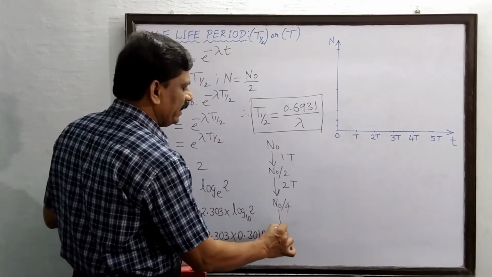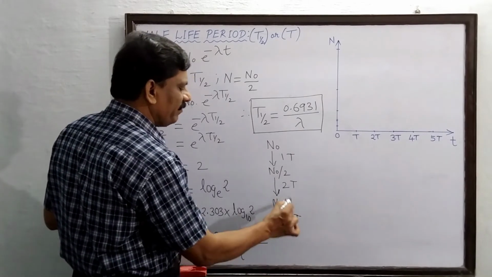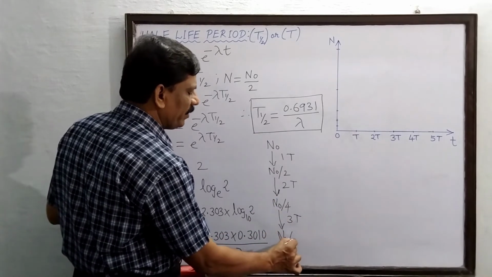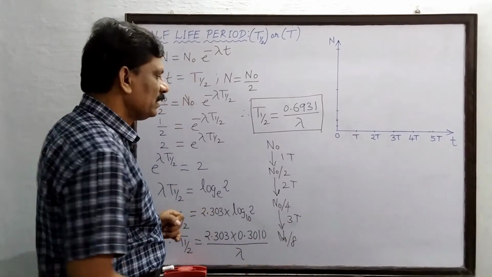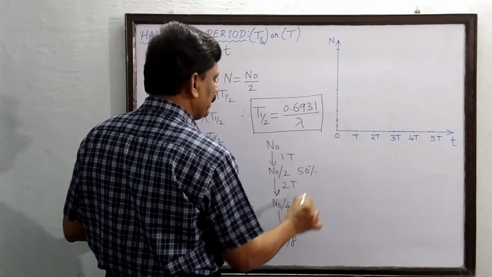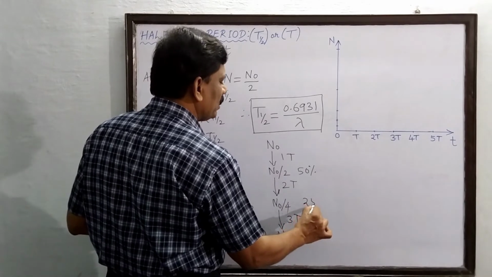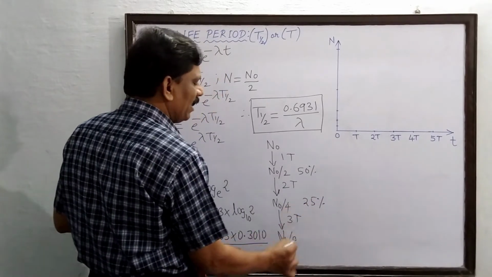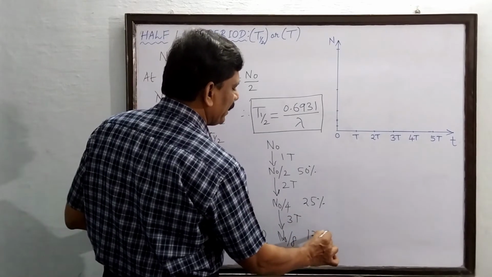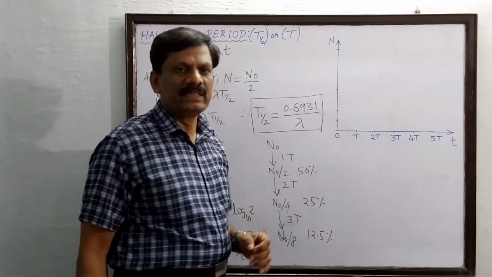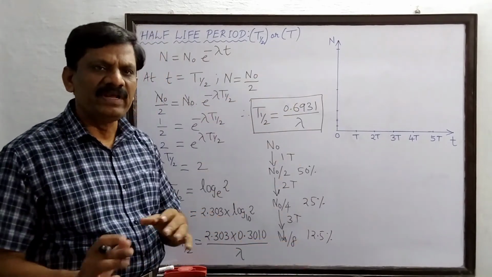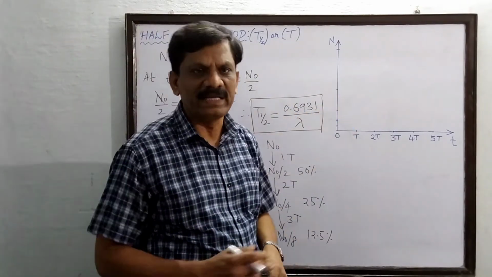And after three half-lives, 50% of this N0 by 4 only will be remaining, so this will become N0 by 8. So after one half-life, 50% is remaining. After two half-lives, 25% is remaining. After three half-lives, 12.5% is remaining.